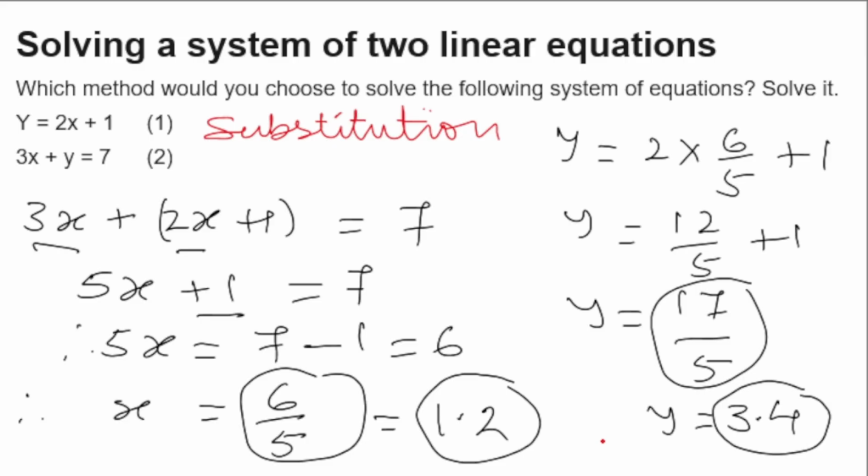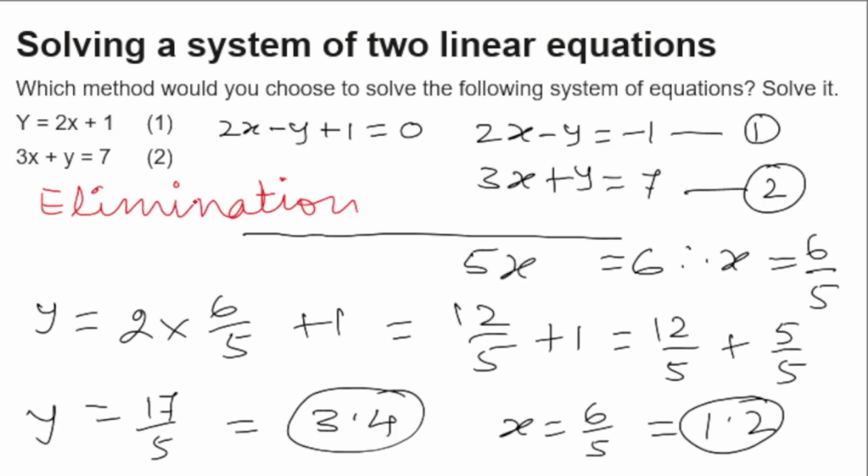So it is always better to use this method for this particular question. So we can say substitution is the best method for this question because we already have one equation in this form, that is the value of y in terms of x. So if we substitute this value into the second equation, it will be solved easily and with the least effort.